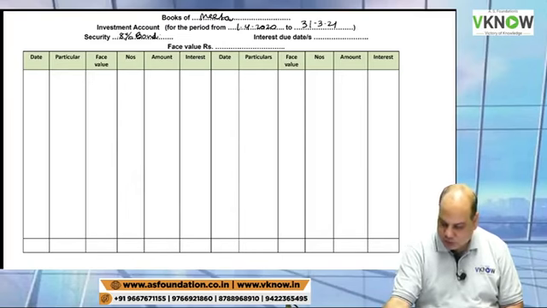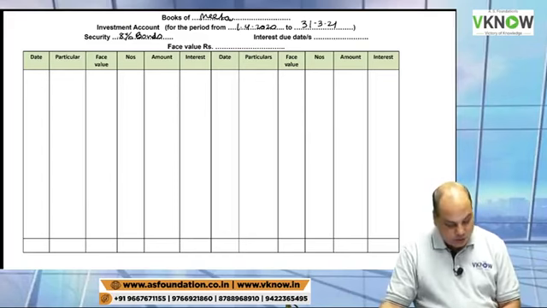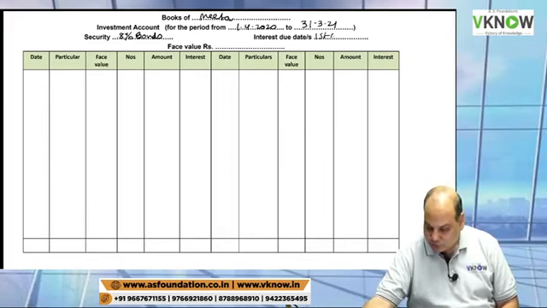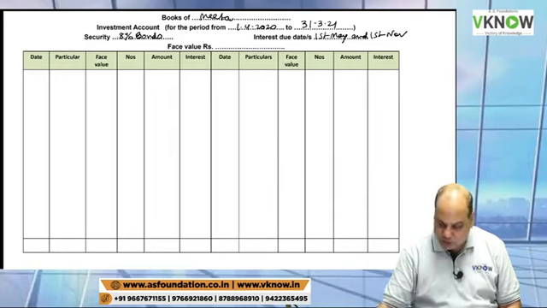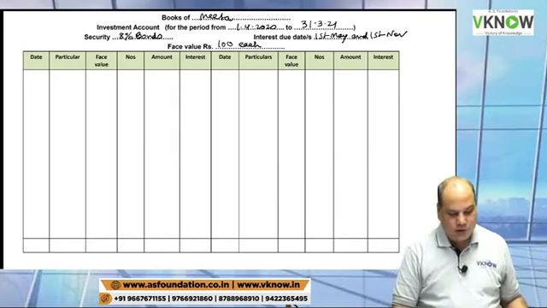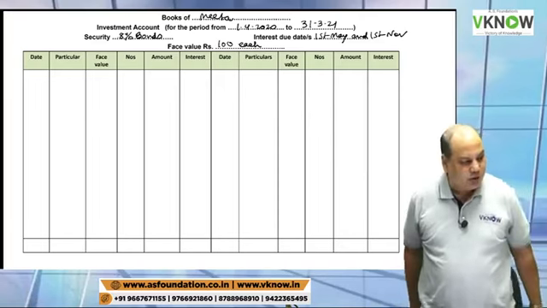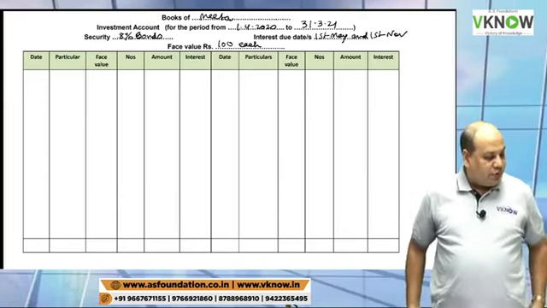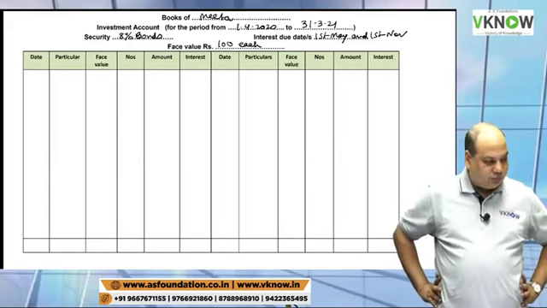You will practice all questions today; you have promised me. Interest due dates in this question are 1st May and 1st November. The face value is rupees 100 each. Please draw this format and then I will complete this bond part. It won't take much time, 5 to 10 minutes more, and then this answer will be over and we will be done for the day.